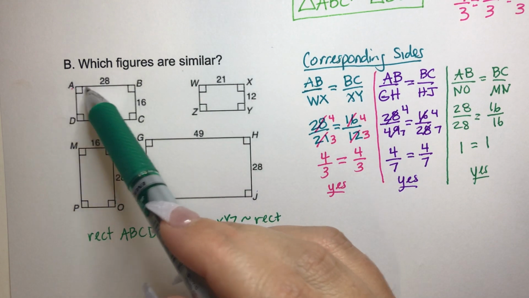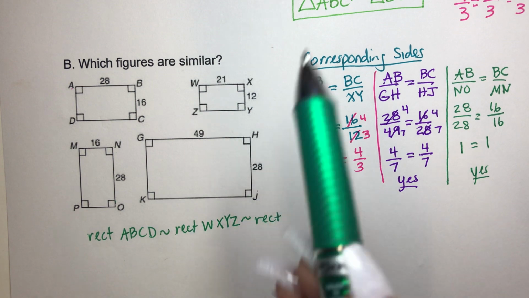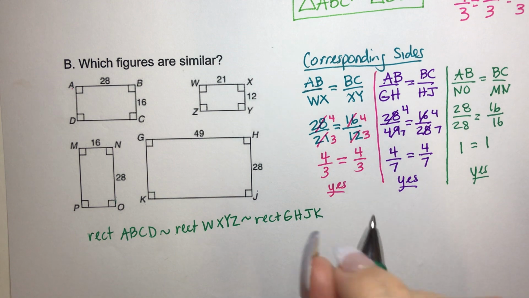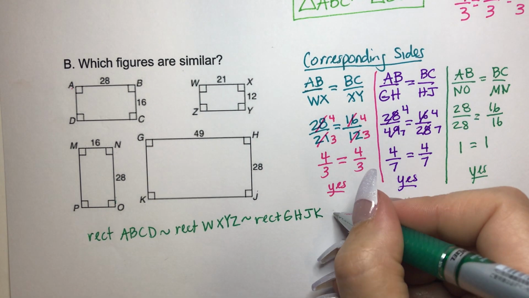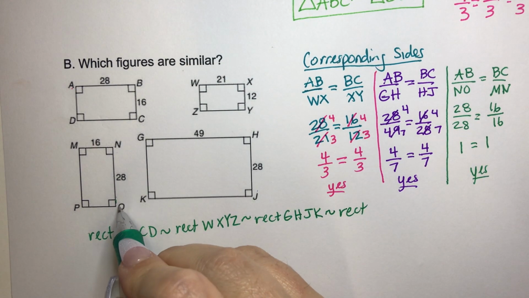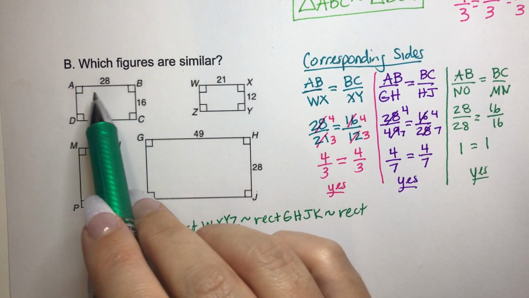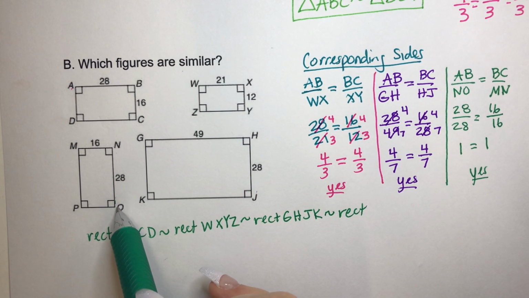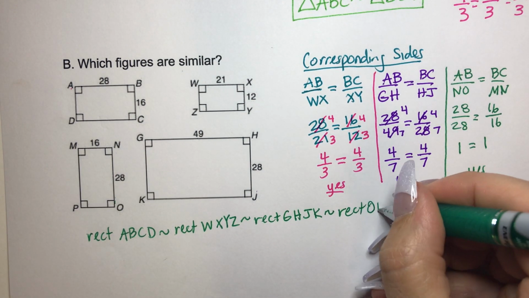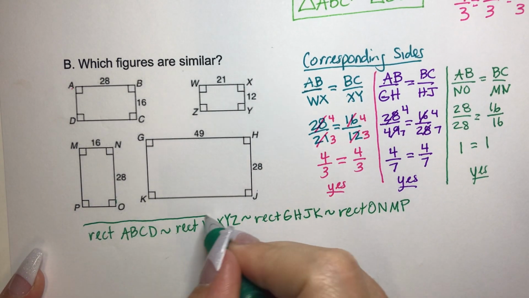I went AB. So let's go GH, GHJK, which is also similar to rectangle. So we started with A, this side of the 28, the long side, and then we went here. So it's going to start here and go ONMP. ONMP. So all of the rectangles are similar to each other.